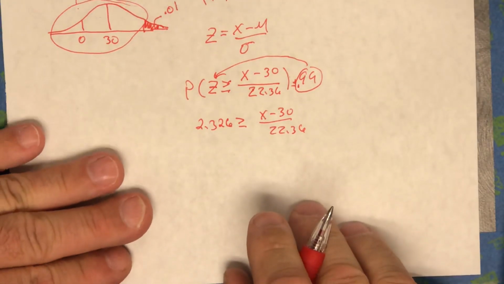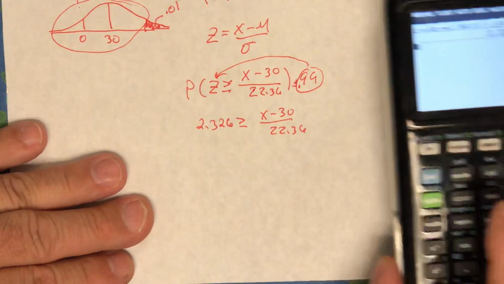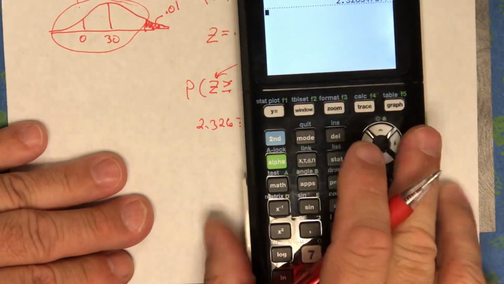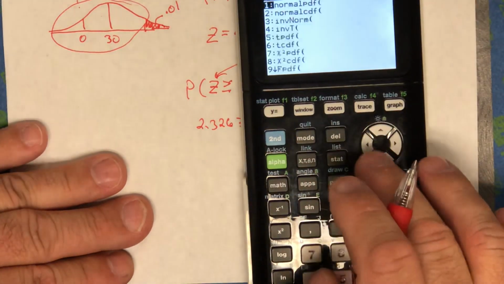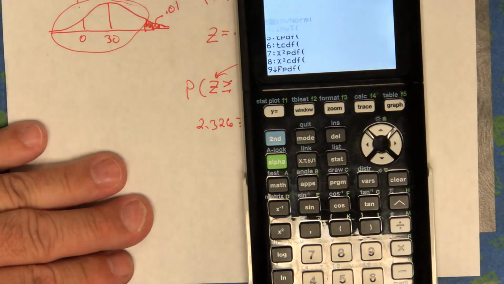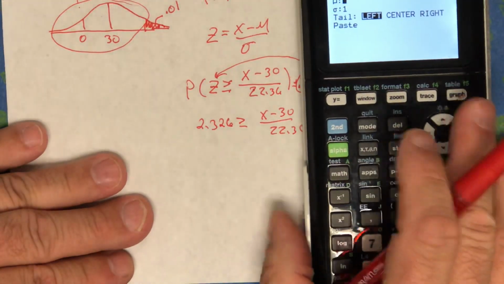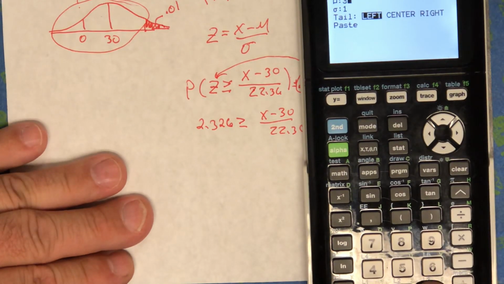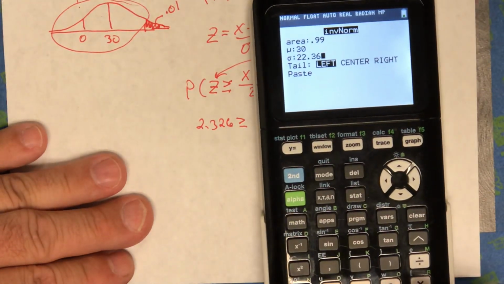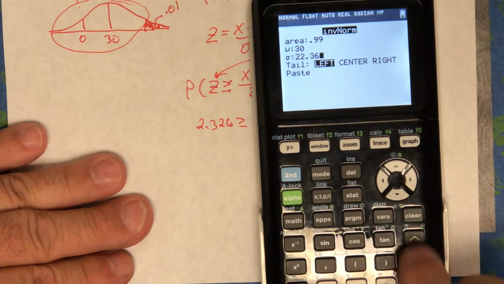At this point, I can solve by algebra. I'm going to choose to use the calculator to do this. So I can go second vars, inverse norm. I already have the 0.99 in there, and at this point, I'm going to go ahead and plug in my mean of 30 and my standard deviation of 22.36 for the actual values because I want the actual value.